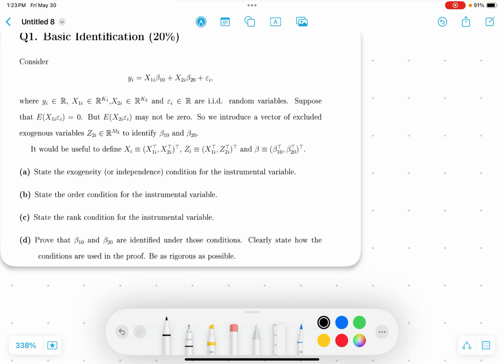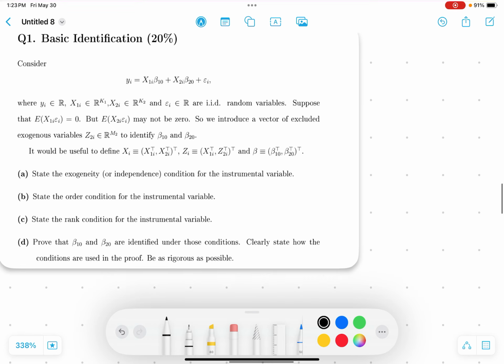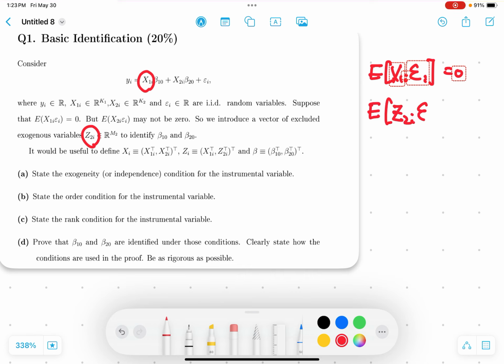I thought it's really a free question. The correct answer is you have exogenous variable in x1 and you have exogenous variable in z2. So the correct answer is the expectation of x1i epsilon i, the cross product, is 0, and z2i epsilon i cross product is 0.